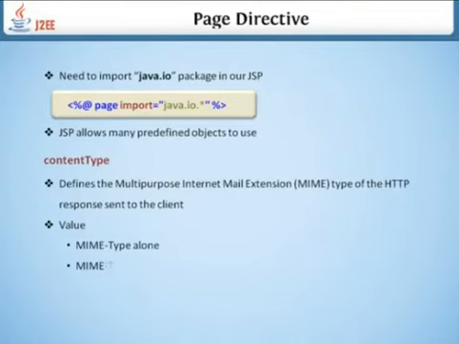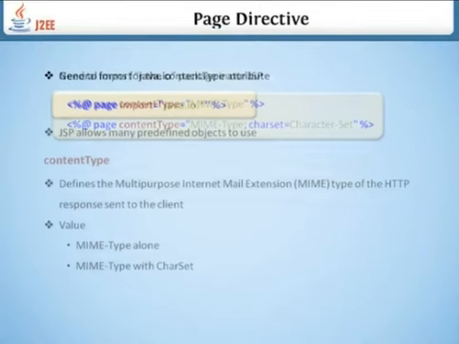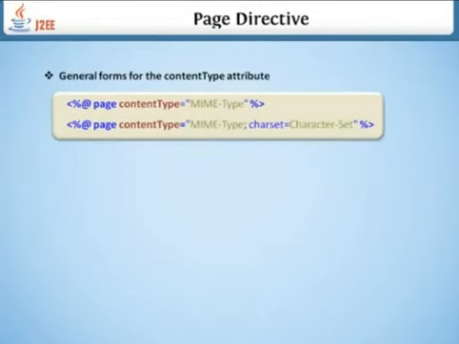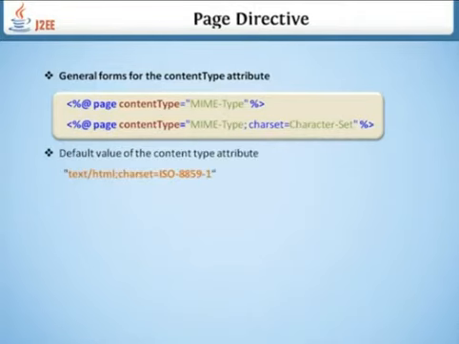The general form of content type looks like this. The default value of the content type attribute is text/html; charset=ISO-8859-1. The default MIME type for servlets is text/plain.